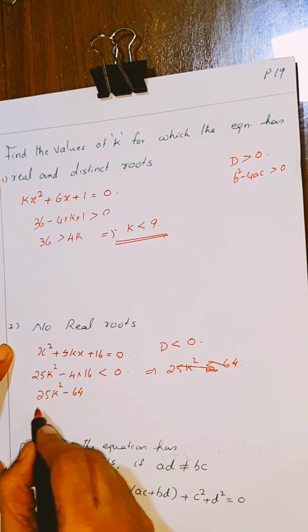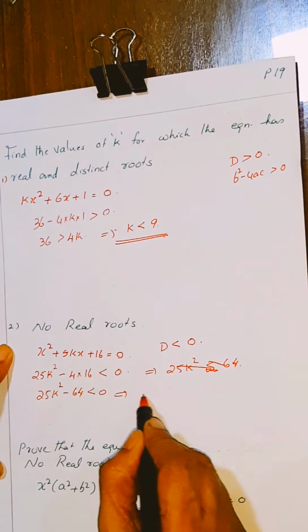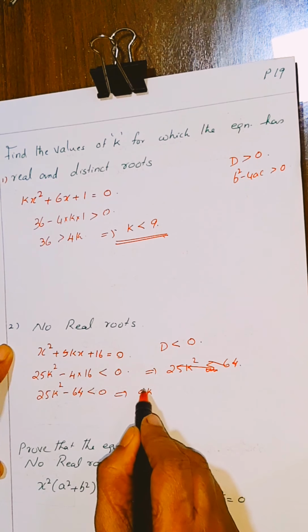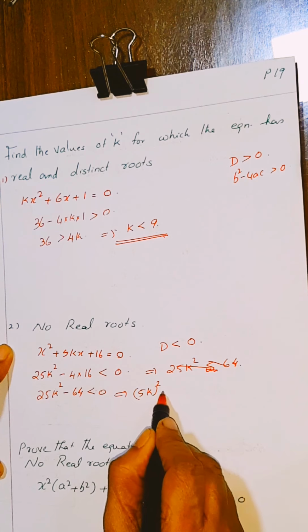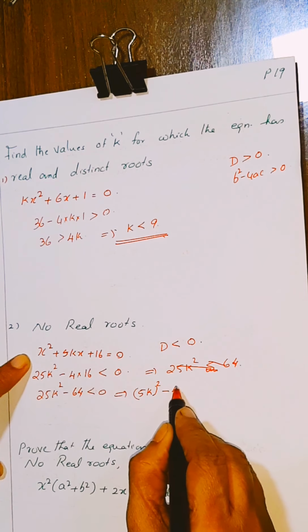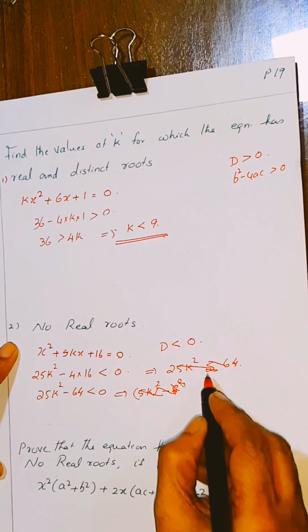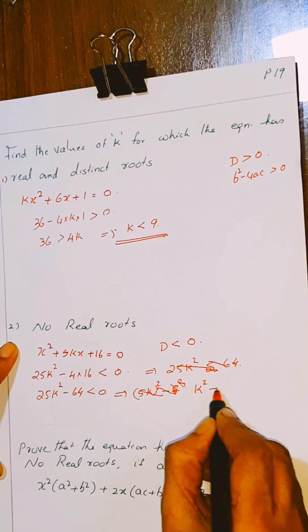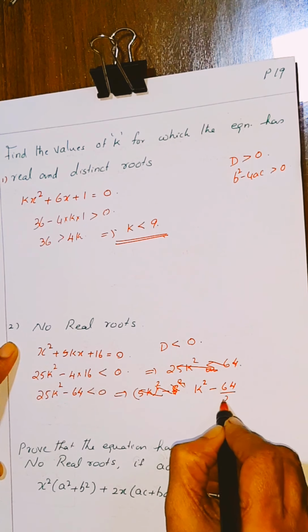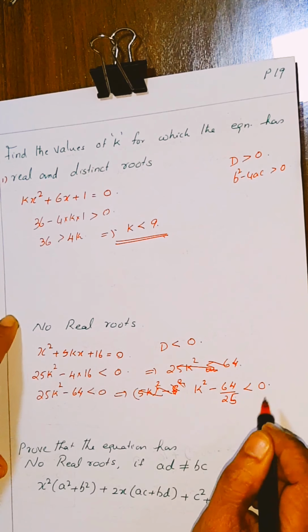This can be written as 5k the whole squared minus 8 squared, or I will write this as k squared minus 64 by 25 is less than 0.